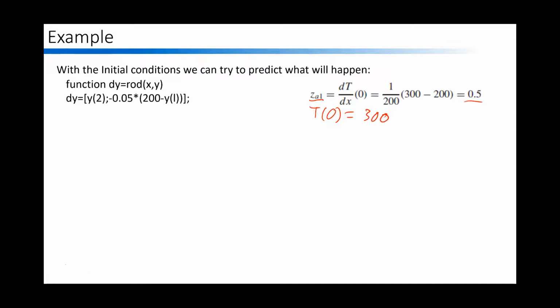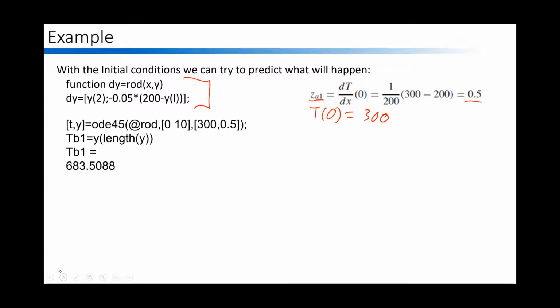Once again, we've just got that function that we talked about before. I'm going to use an ODE solver to go from 0 to 10 with initial values of 300 for T and 0.5 for z.